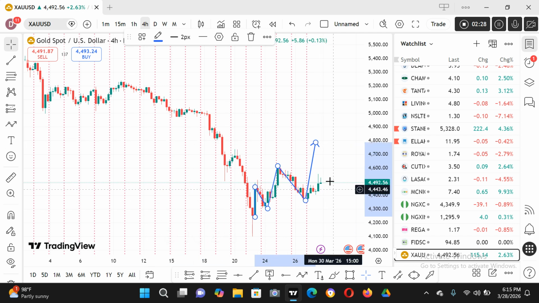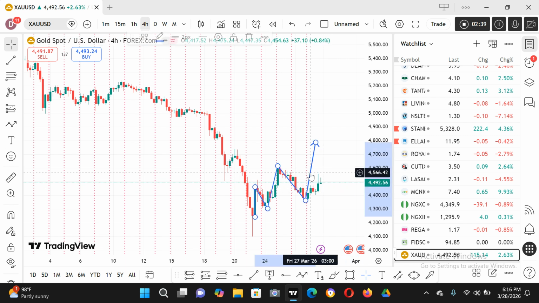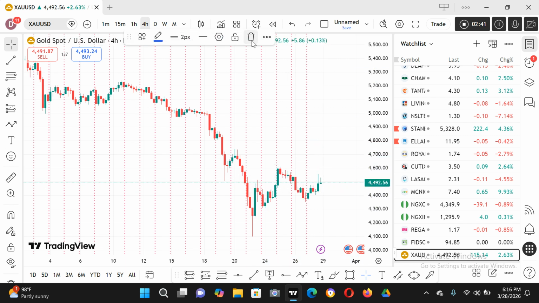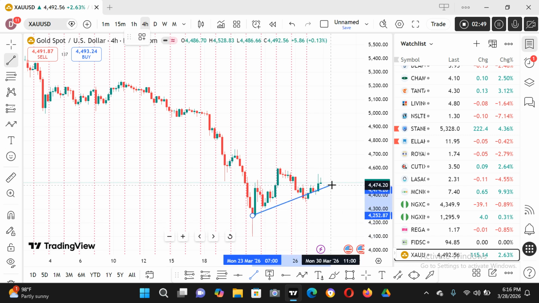Once we are able to locate the trend of the market from the higher time frame, we now draw our trend line. But I would love us to draw our trend line taking cognizance of the wick. There are two types of trend line that you can draw. You can draw trend line from the body of the candle, from here like this.